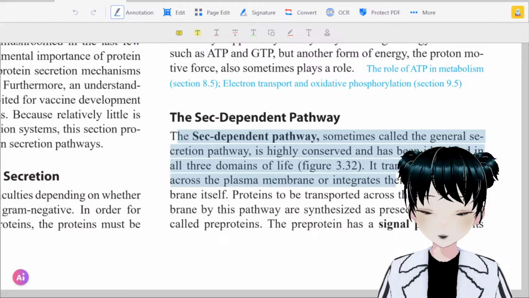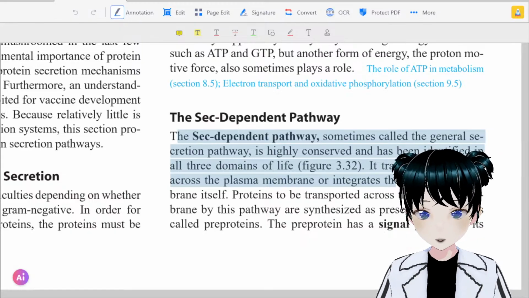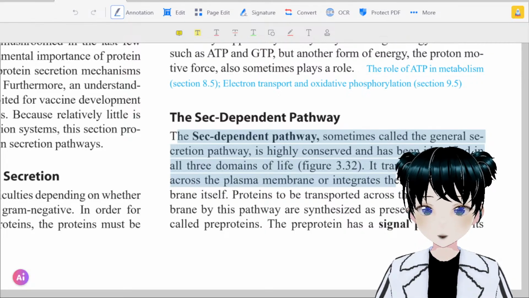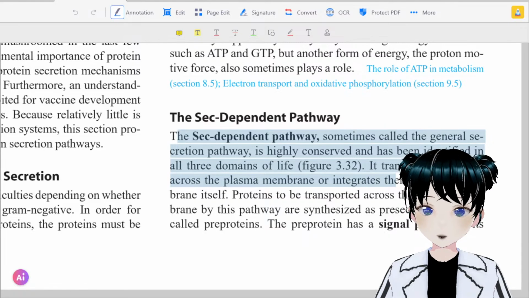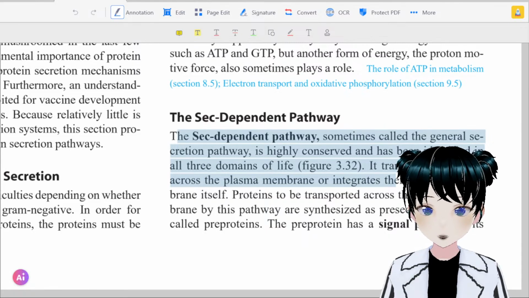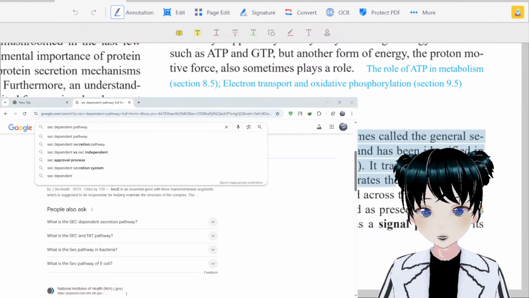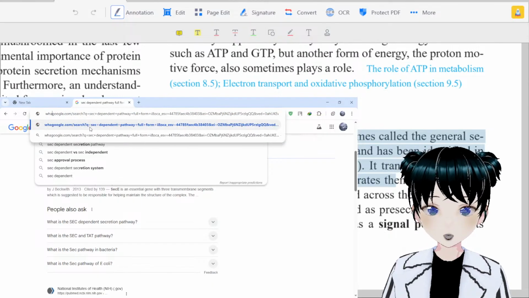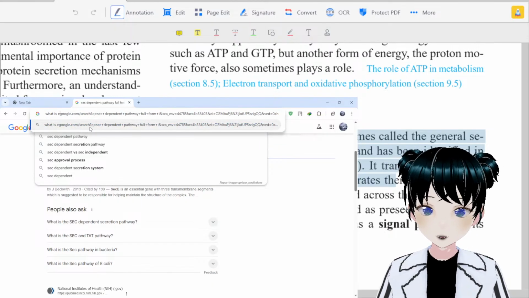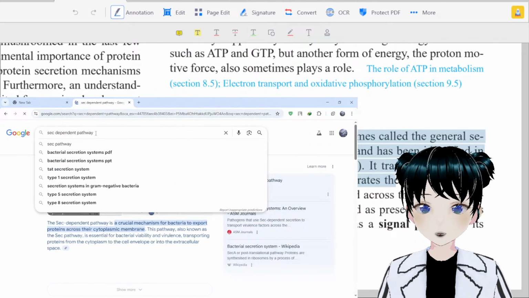You can see it yourself as well. Wait, you cannot see it. Here, now you can see it.